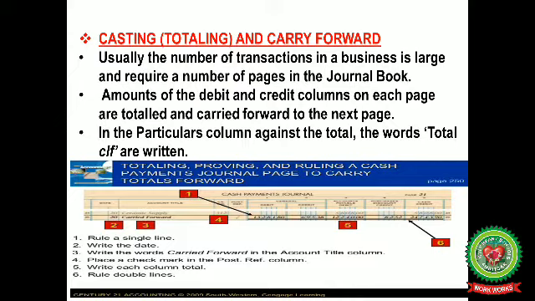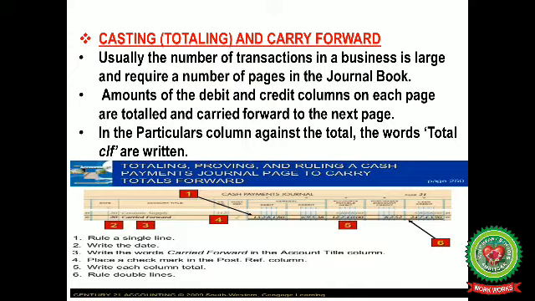Now in the second column, when a page finishes, we will first write total carried forward at the end and do the totals of debit as well as credit side.